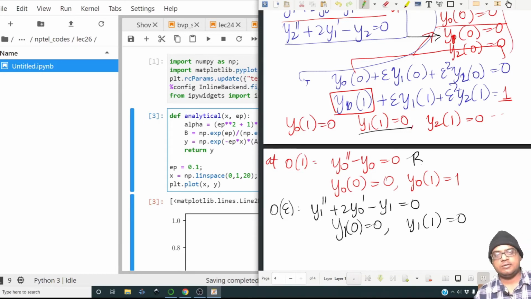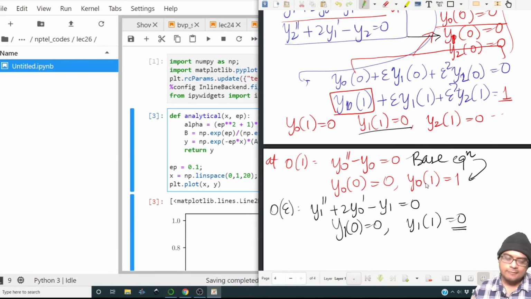So this is called the base equation, which satisfies the base boundary condition. But the perturbation equation does not satisfy the base boundary condition. It satisfies equal to 0 because it is like a perturbation to the main equation.